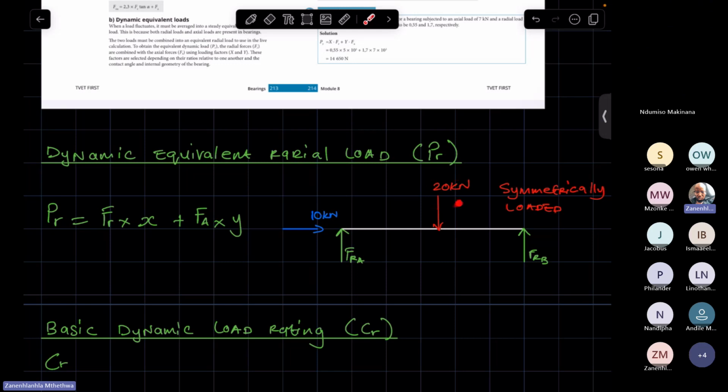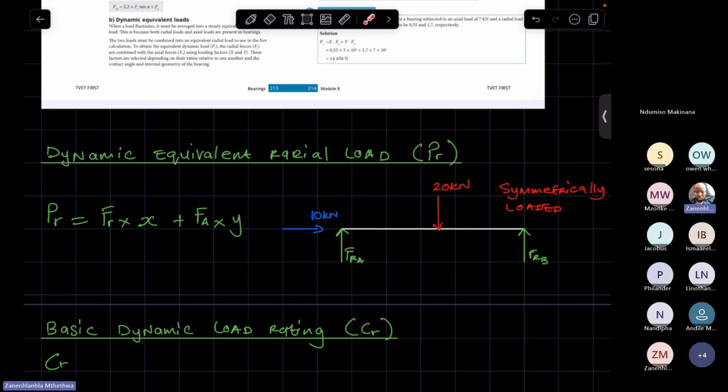You have a shaft being subjected to a force. The force is equidistant to each of the bearings, meaning the distance from here to this bearing is the same as the distance from here to this bearing. Because of that, this shaft is symmetrically loaded.